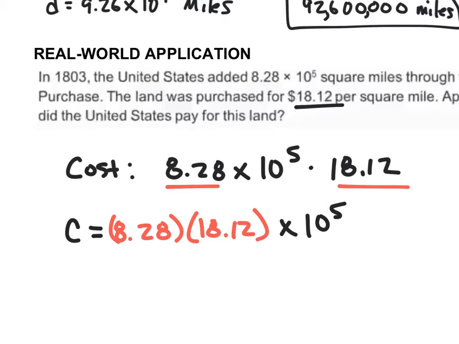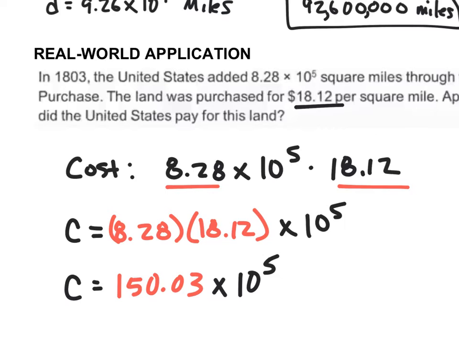So if I do 8.28 times 18.12, that's going to give me a total cost of, let me write this out, C is equal to then 150.03 and then times 10 to the 5th.